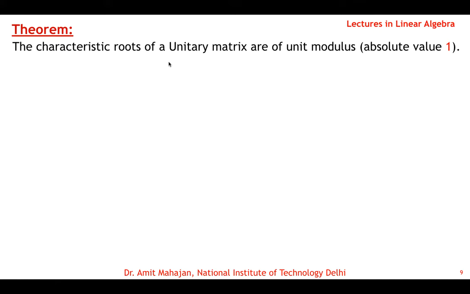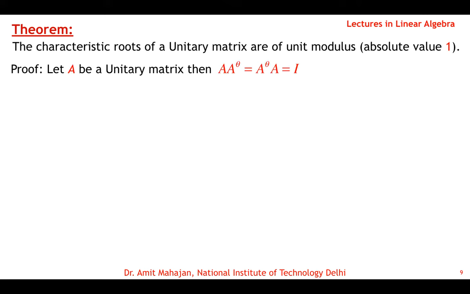Now the next result: the characteristic roots of a unitary matrix are of unit modulus, that means they have absolute value 1. So if you are given a unitary matrix, all the eigenvalues of the matrix have the property that their modulus is 1, their absolute value is 1.